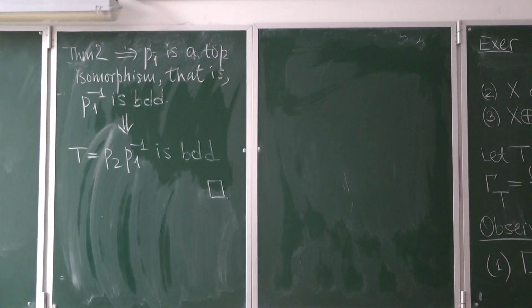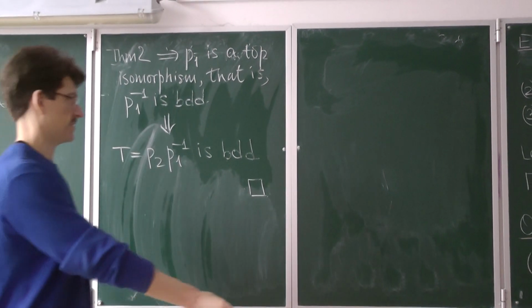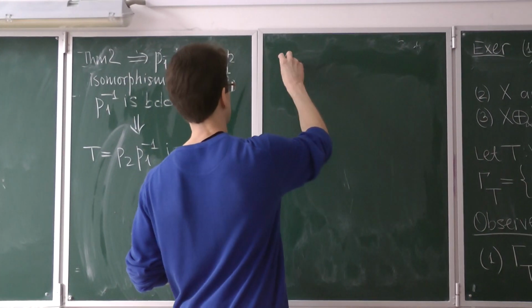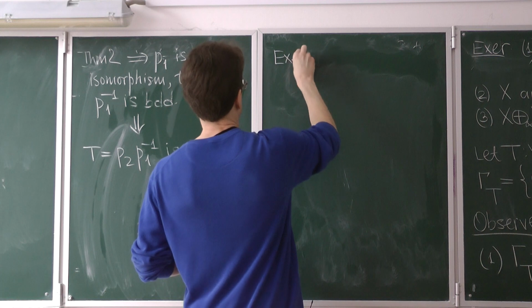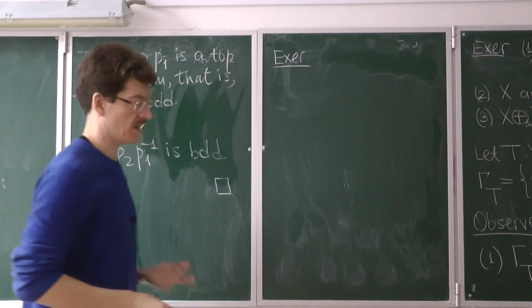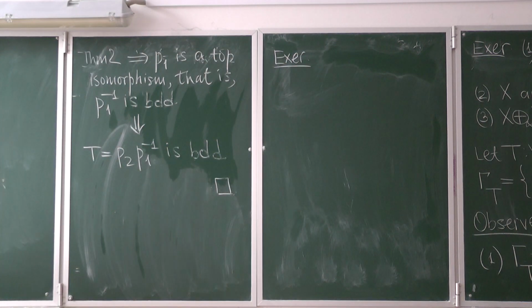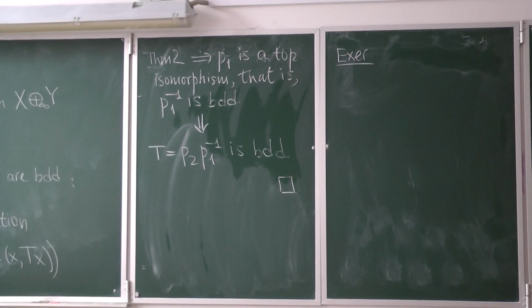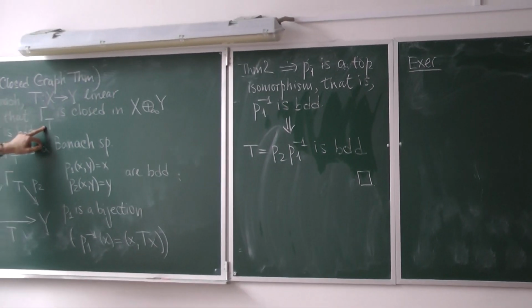To feel why this result is useful, I recommend you to do the following exercise, which is actually very easy. This exercise gives a condition which is equivalent to the closedness of the graph.